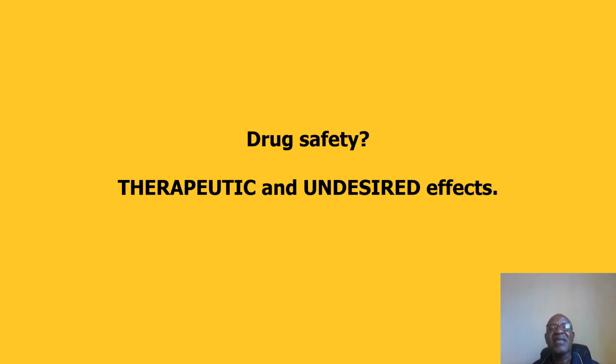The desired effect is called therapeutic, while the undesired is referred to as toxic or poisons. Now, a drug being toxic or therapeutic depends on how you use them. We must know that all drugs are poisonous.